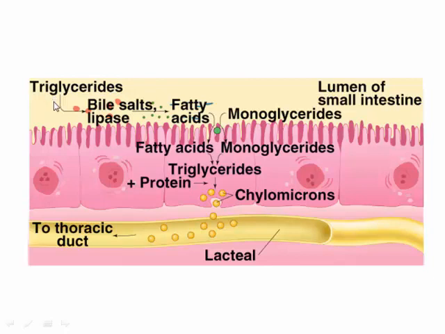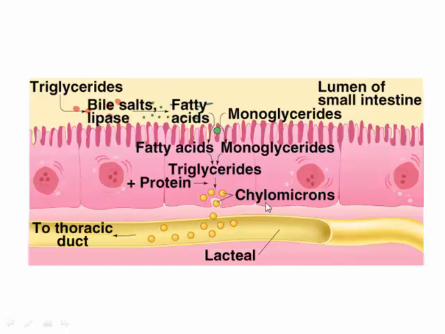Okay? The triglycerides are broken down by the bile salts and the lipase into fatty acids and monoglycerides. Those are separately transported. See these little things here sticking up? What are those? Name the little bumpy parts on these cells. They are called microvilli. So we transport fatty acids, we transport monoglycerides, then they get back together as triglycerides with proteins, now called a chylomicron.